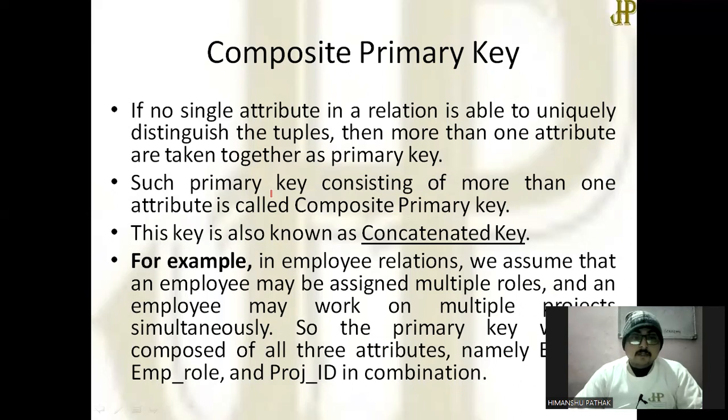For example, in the employee relation, we assume that an employee may be assigned multiple roles. One employee can be a principal and can be a teacher. And an employee may work on multiple projects.